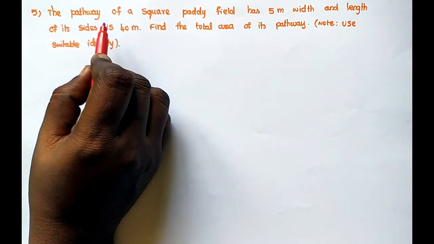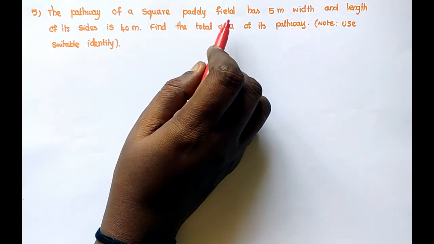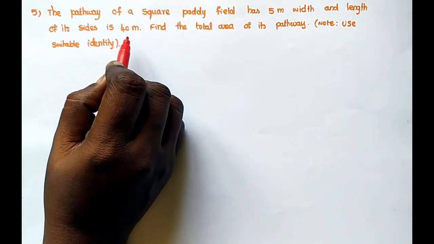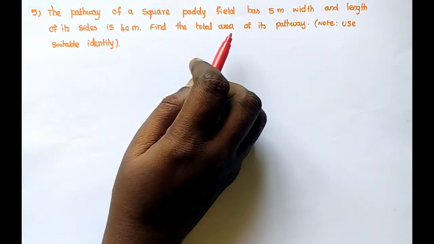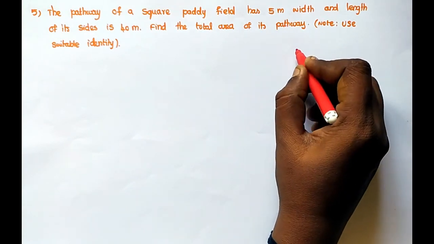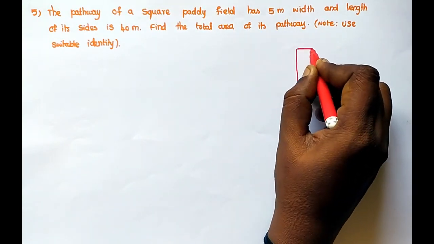Fifth sum. The pathway of a square paddy field has 5 meter width and the length of its side is 40 meter. Find the total area of its pathway. Listen, a field is like that.